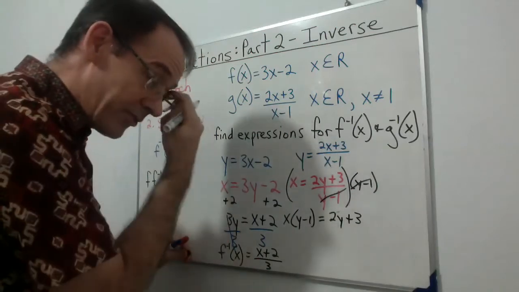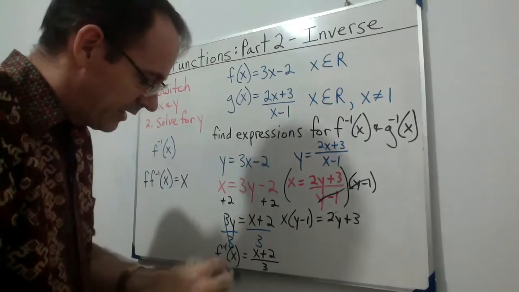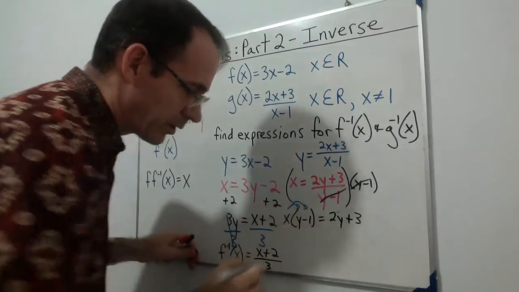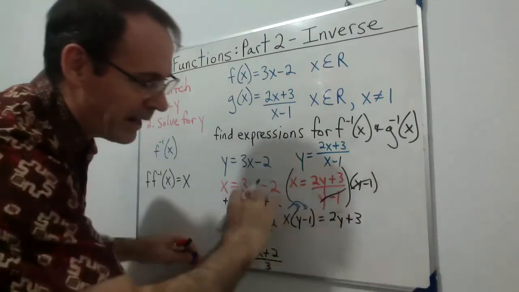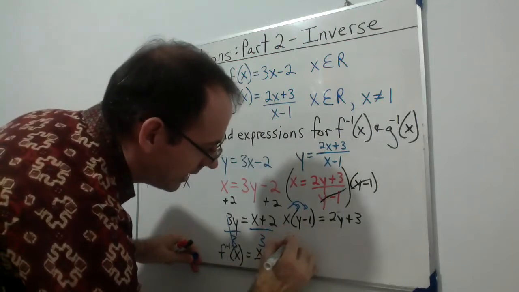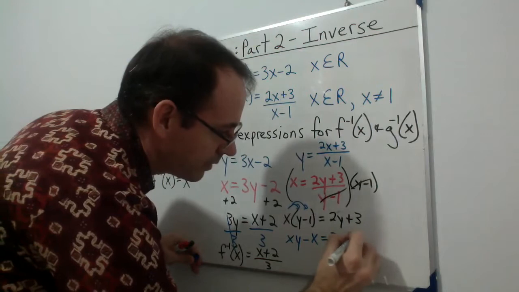Then you're going to want to distribute your x through this parenthesis. You're going to have to just kind of watch to see where we're going with this. Just follow the math, get rid of the fraction, distribute, so you get xy minus x equals 2y plus 3.